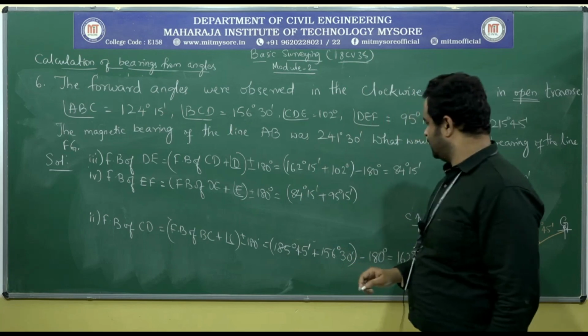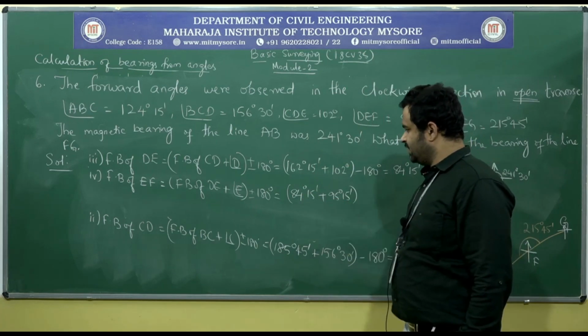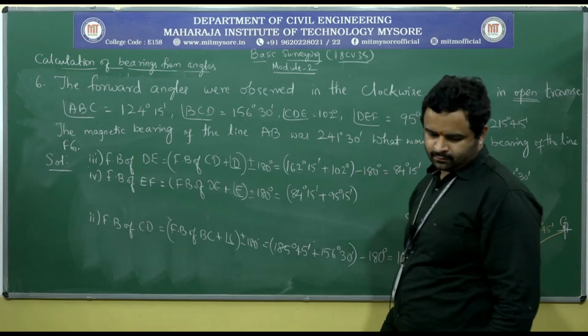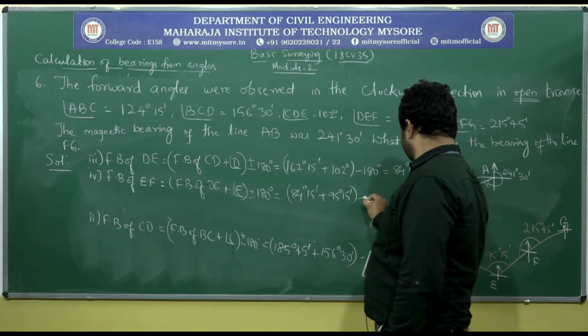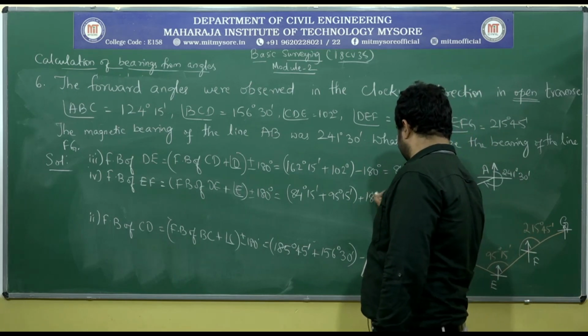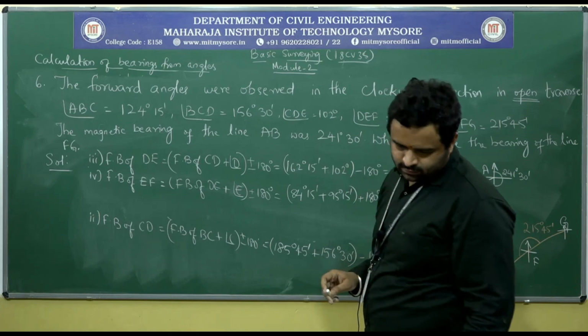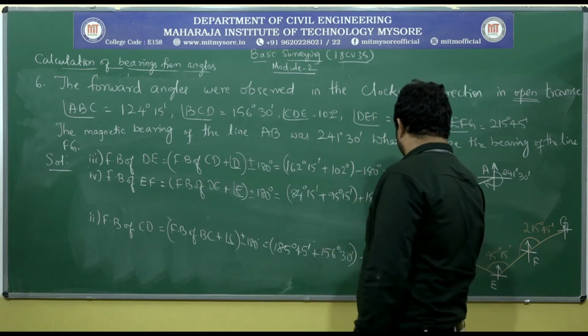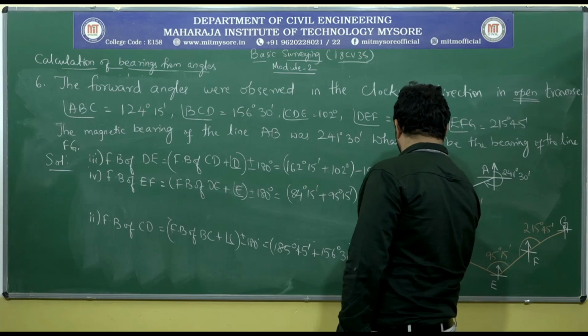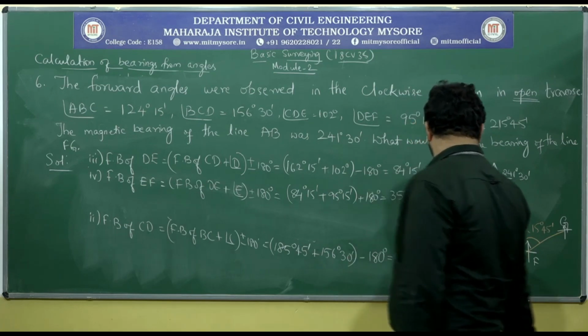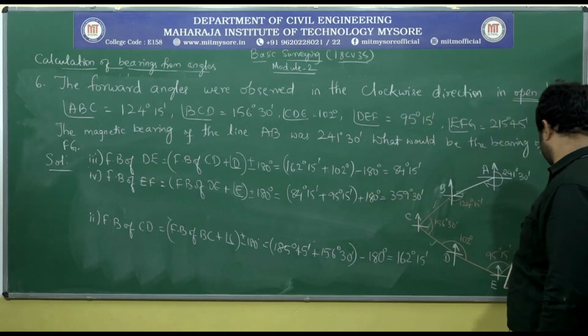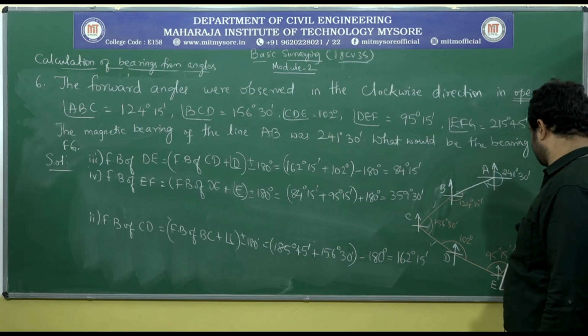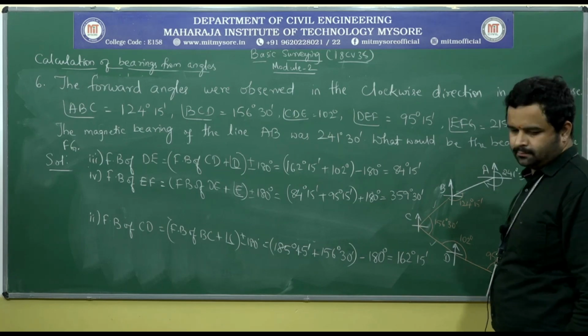So, if you add up, you will get more than 180 or less than 180. It is less than 180. So, you should add 180 to this sum, which will give you 359 degree 30 minutes.